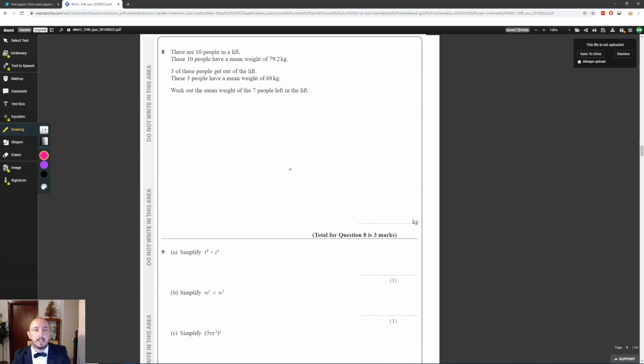Question 8 is a weighted means question where we have to work out the new mean once we've taken away some information or added some information. So there are 10 people in the lift. They have a mean weight of 79.2. So the total weight before we did any calculations is 79.2 times 10 kilograms. 3 of these people get out and their mean weight was 68.